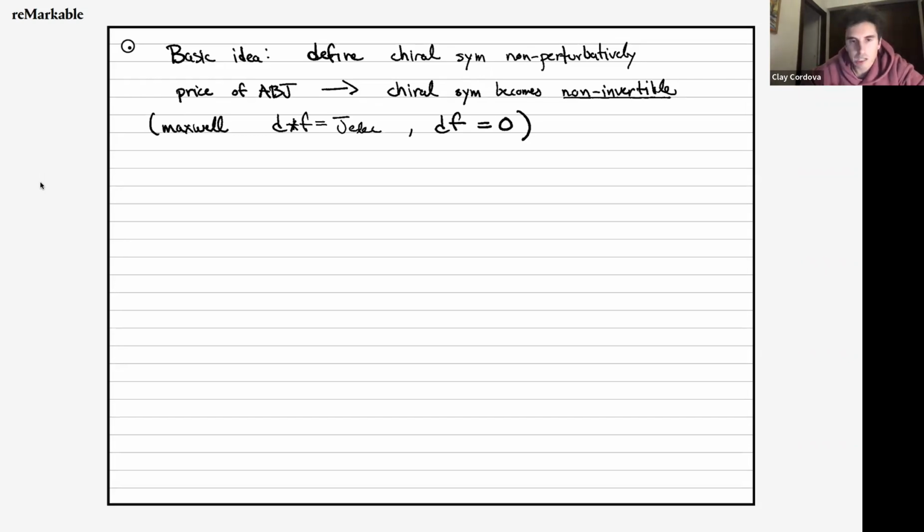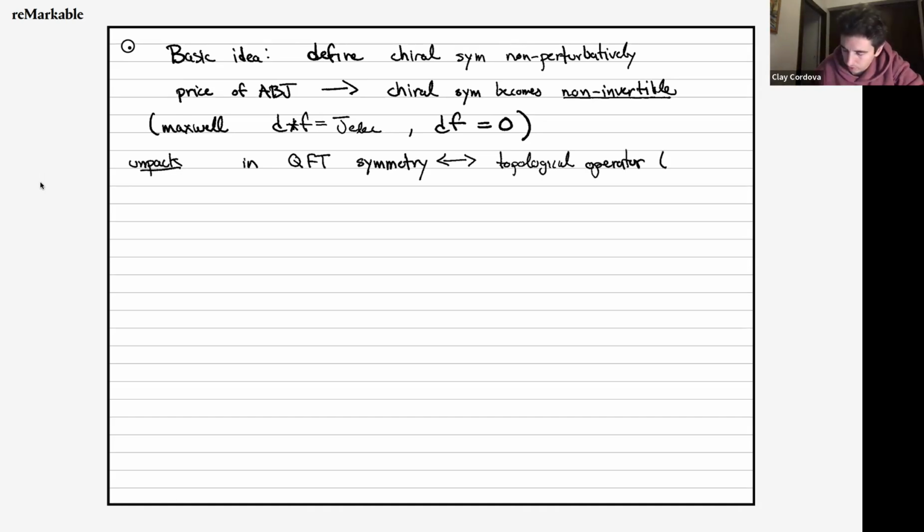Okay, so let's unpack what it would mean to define this chiral symmetry non-perturbatively. What are we trying to do technically? So in QFT, there's a nice language for symmetry. The symmetry we could think of as a kind of topological operator. We're going to use this dictionary.